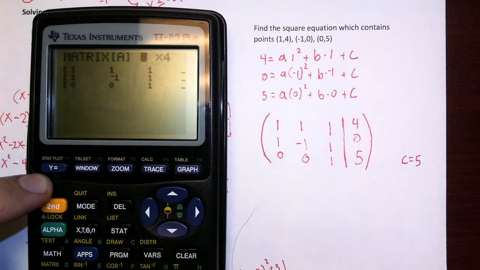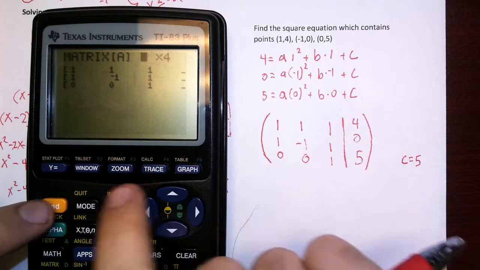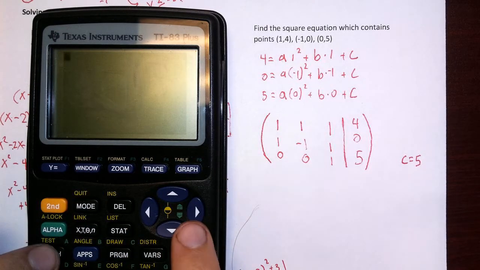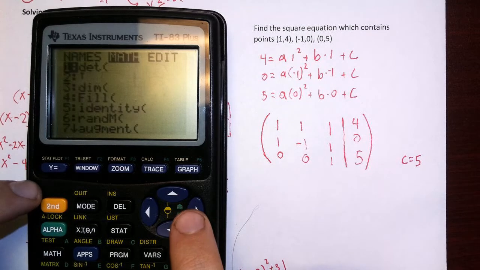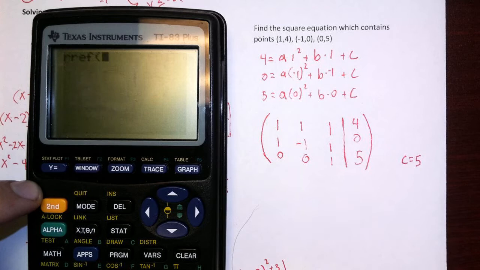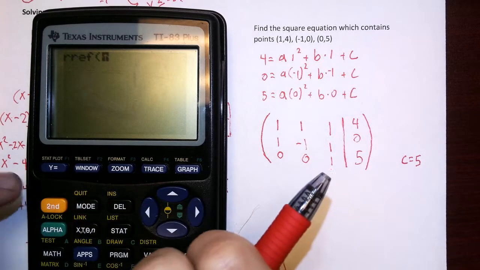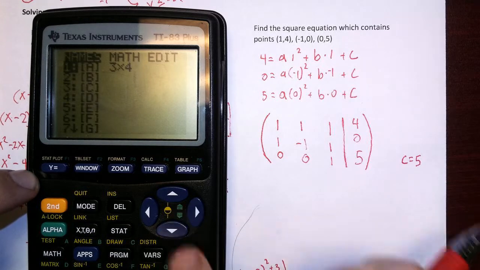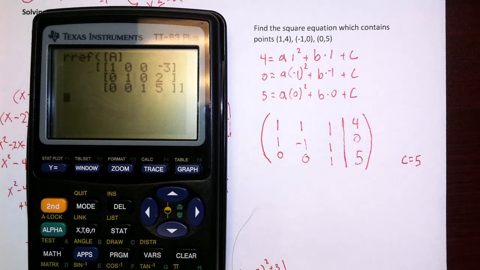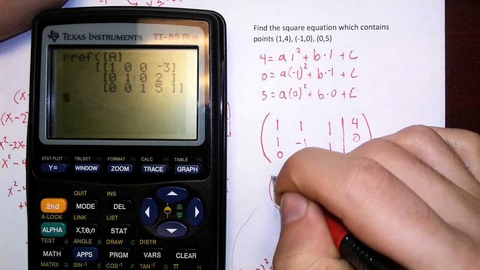It's right there, it's all saved. Now I want to go back to the home screen, because that home screen is going to help us calculate it. So I'm going to go into the matrix, under math, and select reduced row echelon form. That's what we want to do to our matrix. Now we put in our matrix, selecting our first matrix. That's the one we want, reduced row echelon form. And we simplify it, and this is what we get out.